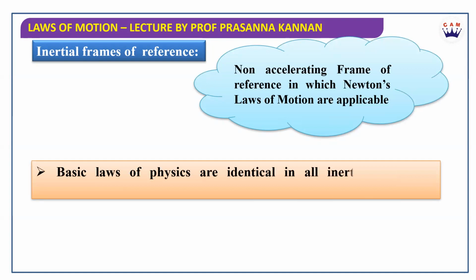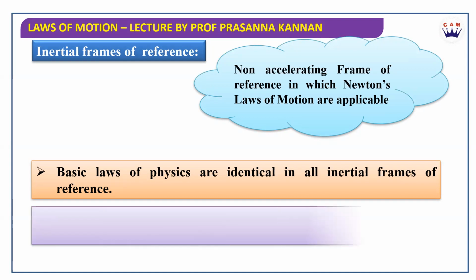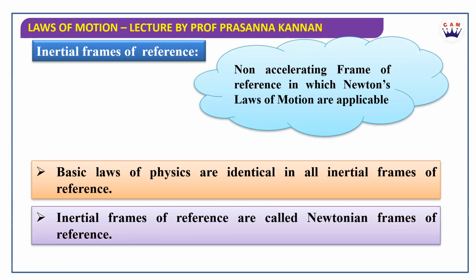So, what is called inertial frame of reference? Non-accelerating frame of reference in which Newton's laws of motion are applicable. These are called inertial frames of reference. Basic laws of physics are identical in all inertial frames of reference. Inertial frames of reference are also called what?